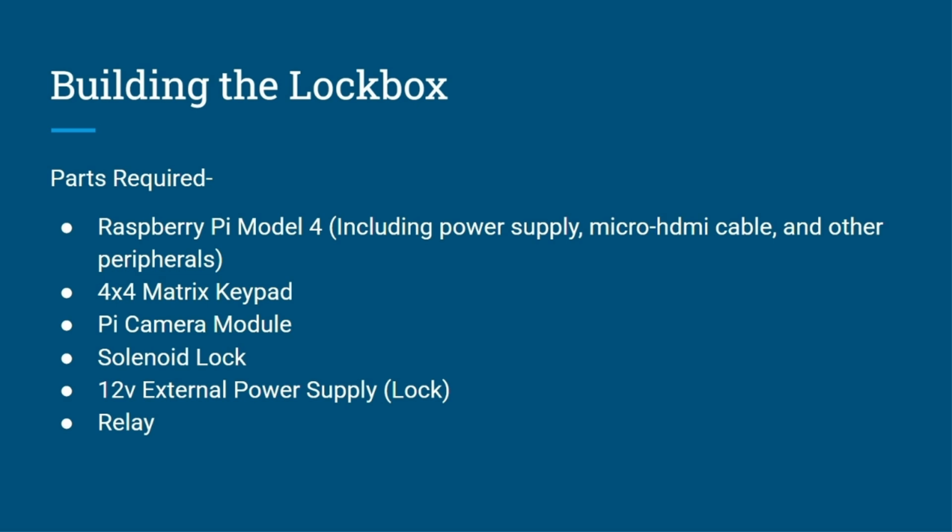I also used a Pi camera module that's going to take pictures whenever somebody gets the password incorrect. And then for the lockbox mechanism, I used a solenoid lock that has its own power supply, which the relay controls the power going to it. So basically, the relay is used to unlock the lock.